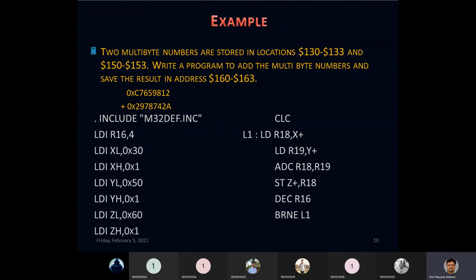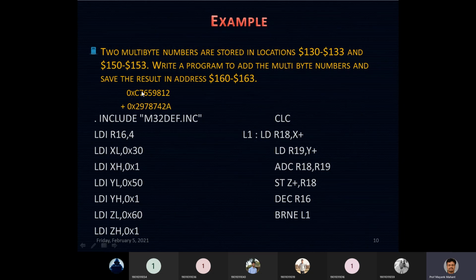Write an assembly language program for an AVR to add two multi-byte numbers and store the result. They are stored at locations 130 and 133. We need to add those two numbers and store the result at locations 160 and 163.